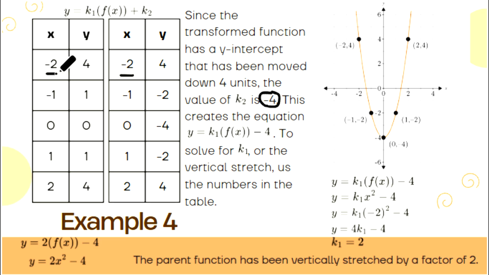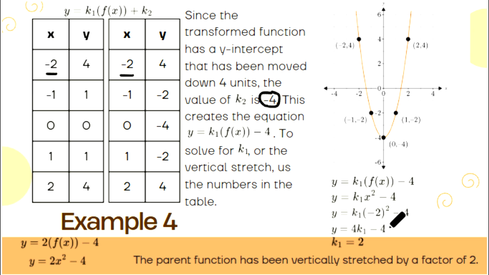It doesn't matter which table you're looking at. It's -2 for both of them. Okay. So that gives us y equals k1 times -2 squared minus 4. PEMDAS says do parentheses first and then exponents. So -2 times -2 is +4. So that gives us y equals 4 times k1, that's this bit, minus 4.